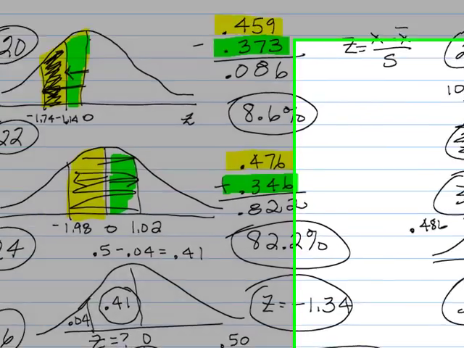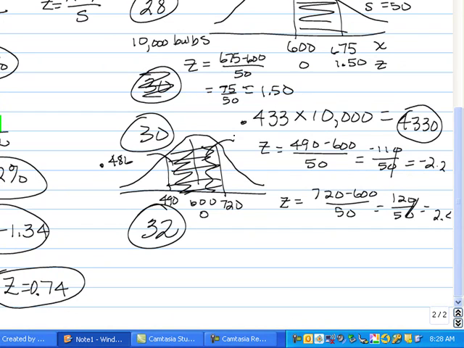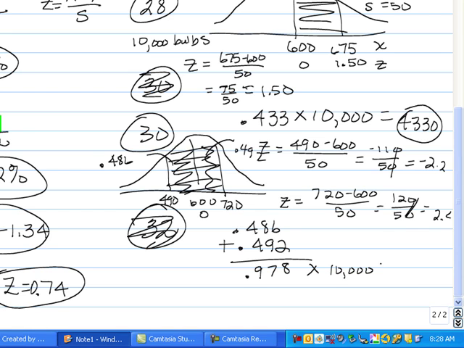I have 0.492. So I want to add those. 0.486 plus 0.492, and I'm getting 0.978. Times our 10,000 would give us 9,780 bulbs would last that long.